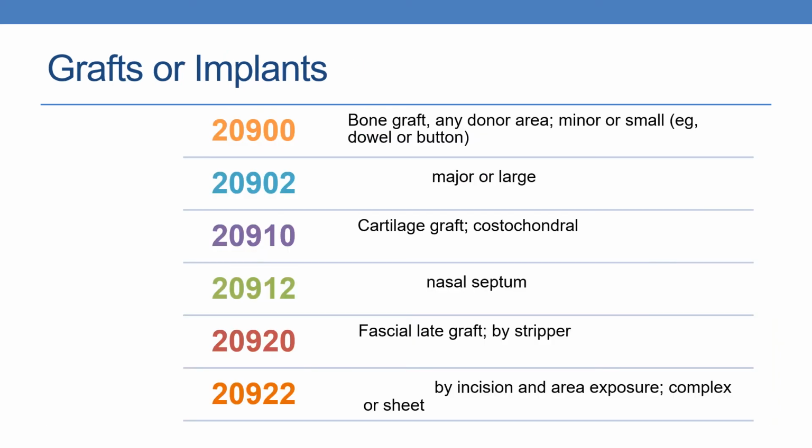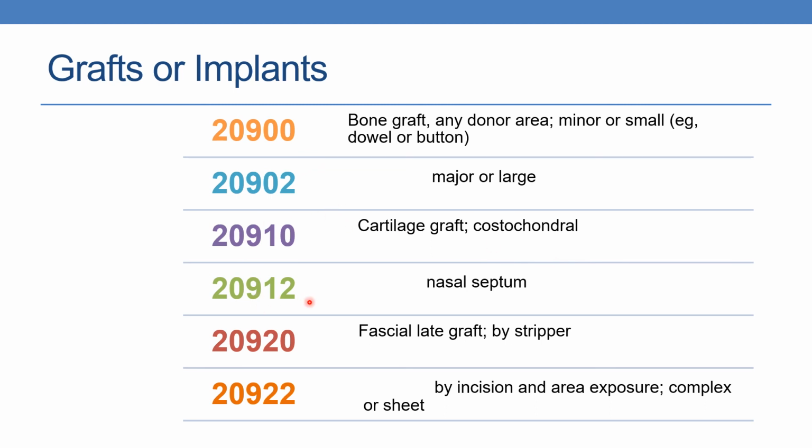Now coming to the various CPTs. First one is 20900, bone graft, any donor area, minor or small. Next is 20902, bone graft, any donor area, major or large. Next is 20910, cartilage graft, costochondral.